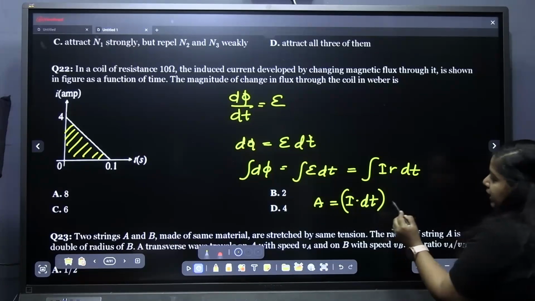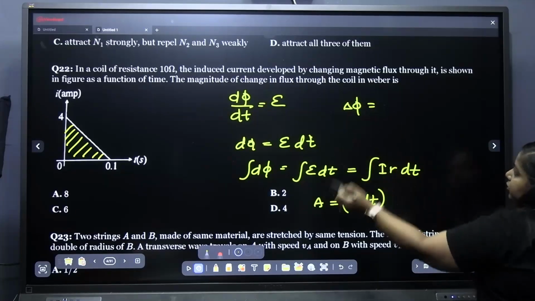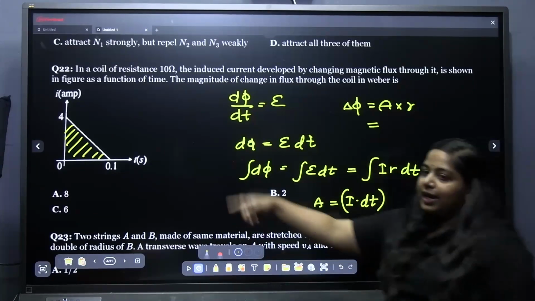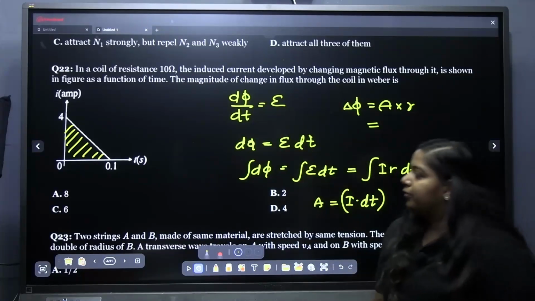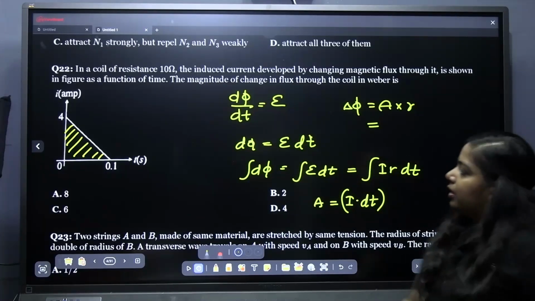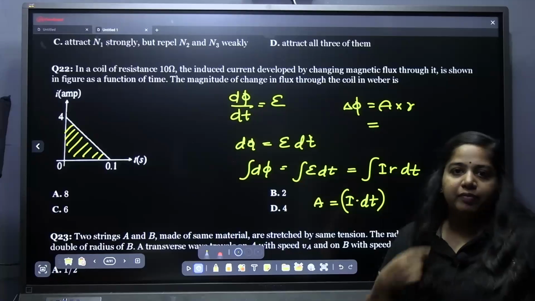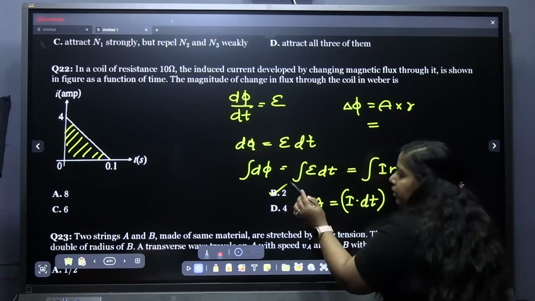Then we have to multiply for change in flux should be equal to this area into R. So for area we will use half BH for triangle into 10. Half BH, like 2 into 0.1 will come 0.2 into 10. Answer is option B, 2.